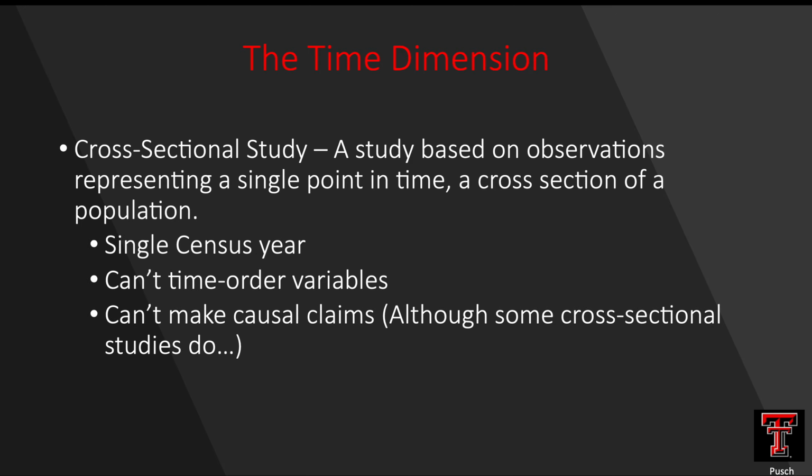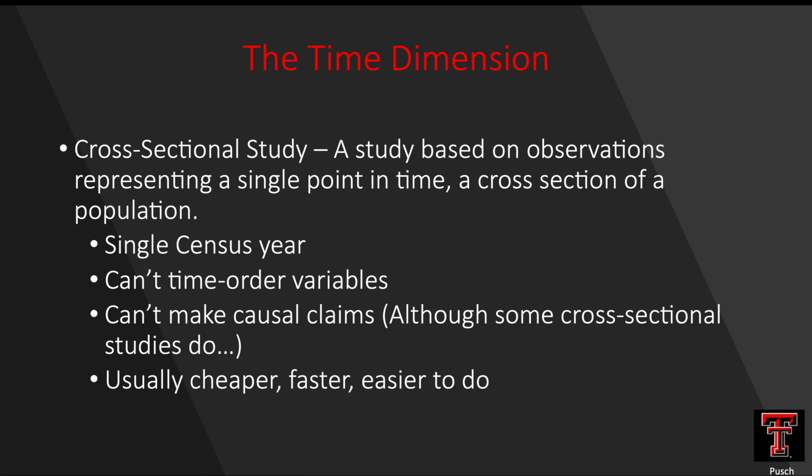An example, again, a single census year. You can't time order the variables. You can't make causal claims. Although sometimes cross-sectional studies sort of can. They can say, okay, in 2023, were you a victim of crime at all? And then in 2024, maybe did you have financial problems?